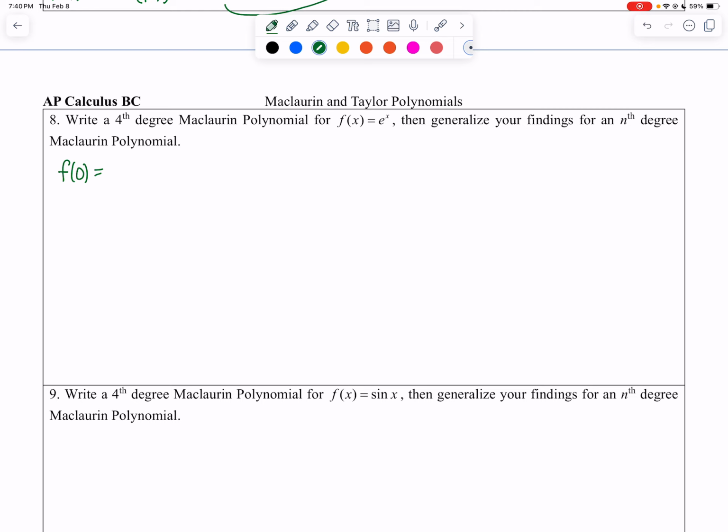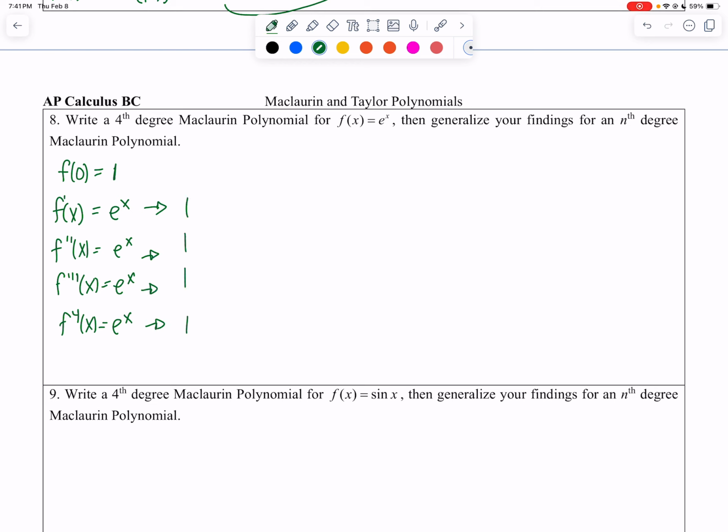Right, f of 0 is e to the 0, which is just 1. The first derivative is going to be e to the x. The second derivative is going to be e to the x. The third derivative is going to be e to the x. The fourth derivative is going to be e to the x. And since I'm plugging in 0, all of this is going to be 1, 1, 1, 1.